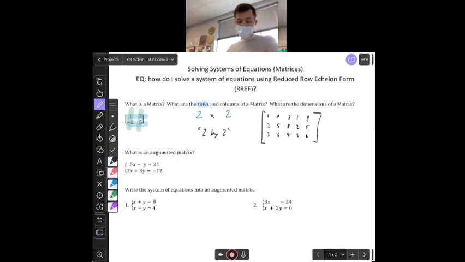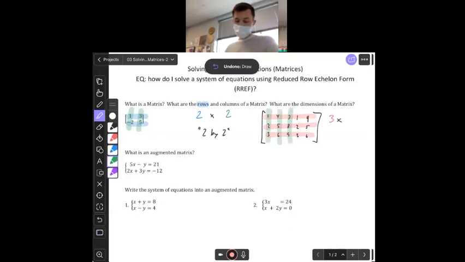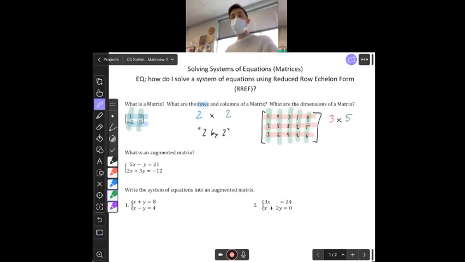So this is a 3 by 5 matrix. It's 3 rows and there's 5 columns. So the dimensions of a matrix are always rows first, columns second.